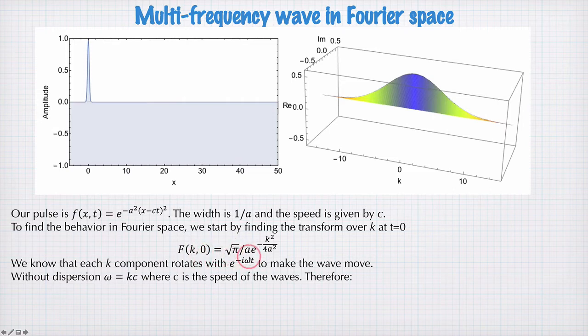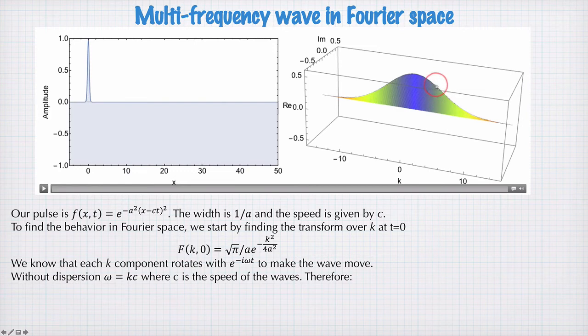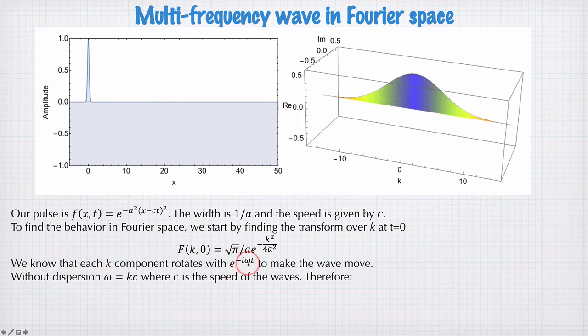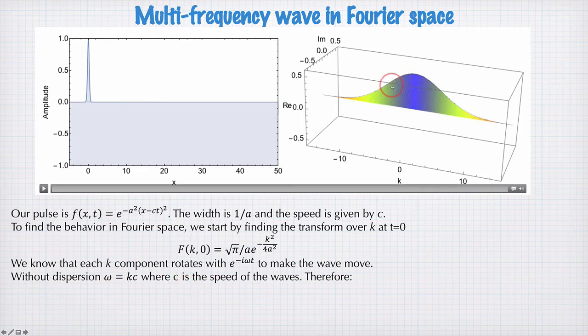So this is the amplitude along each position of the k-axis. And at each position on the k-axis, we're going to start rotating that component around at e to the negative i omega t. And without dispersion, we know that omega is equal to k times c, where c is the speed of the wave. So each one of these components here will be rotating at a speed proportional to k.